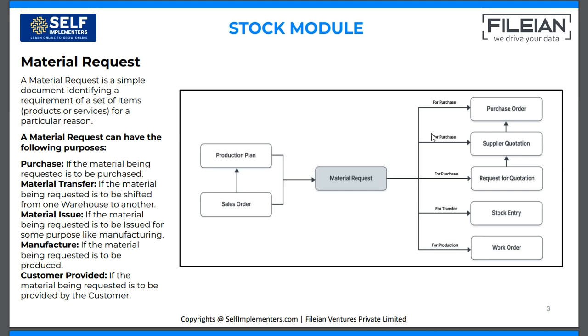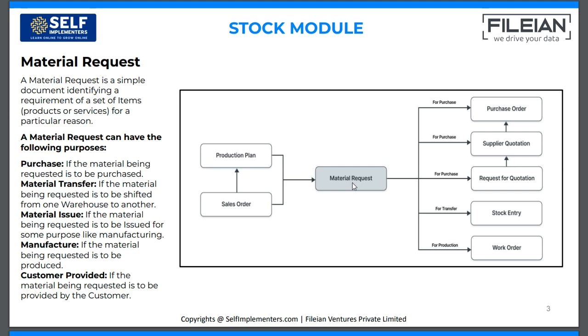So in the stock module, if you go to the process flow of the stock module, then you will see that every inventory or stock module starts with a purchase request.